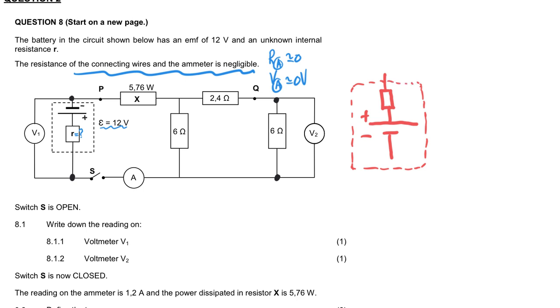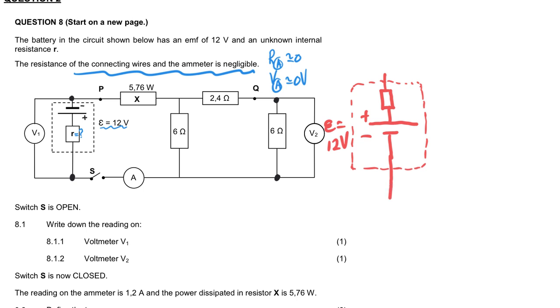And I'm going to put that the EMF there is 12 volts. Remember, the EMF is the theoretical voltage. It's the maximum voltage, the maximum amount of energy that will be transferred to 1 coulomb of charge. So that would be 12 joules per coulomb, but that's an upper limit. That is a theoretical limit. That's when there's no current flowing.